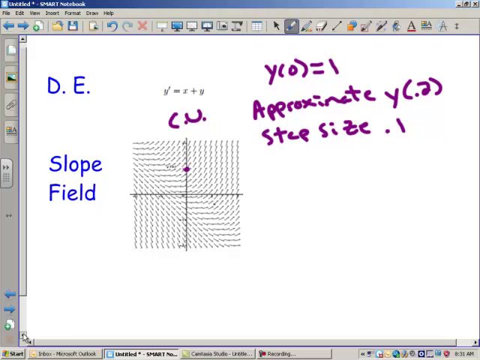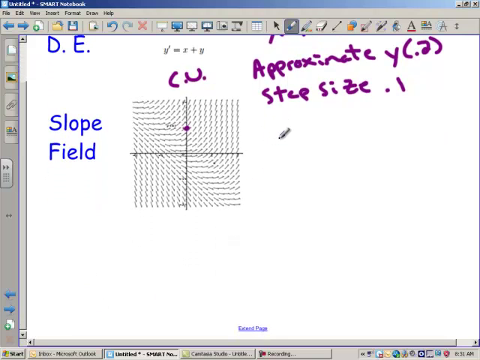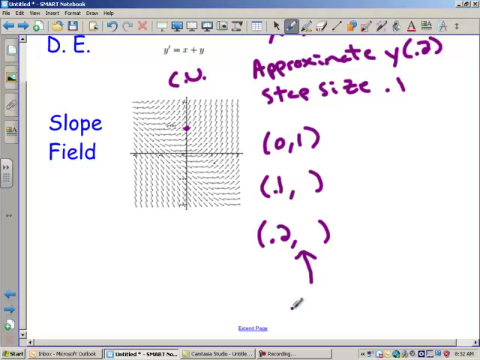So what I'm going to do is draw a little table. My table is going to look like this. We're going to start at (0, 1). Then we're going to get to (0.1, new y). I don't know what that is. And then we're going to finally end up at (0.2, something). This is our approximation once we do our Euler's method.